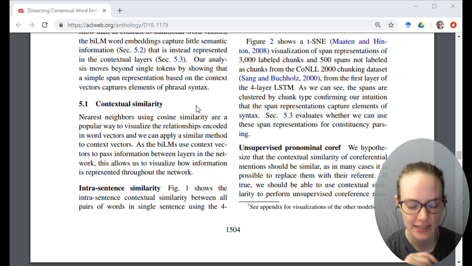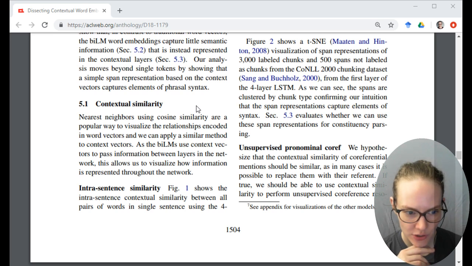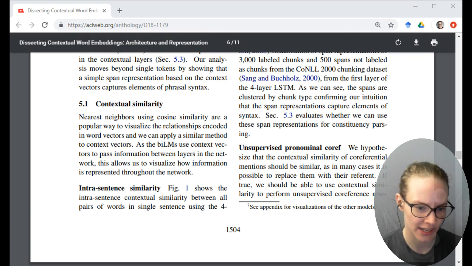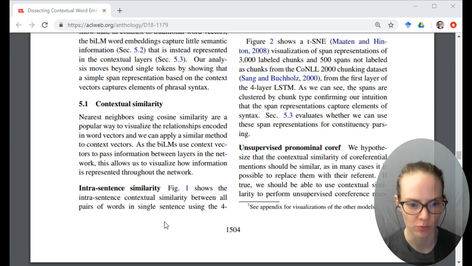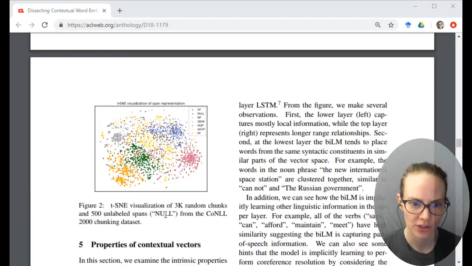Within sentence similarity. Figure 1 shows the intra-sentence contextual similarity between all pairs of words in a single sentence using the 4-layer LSTM.